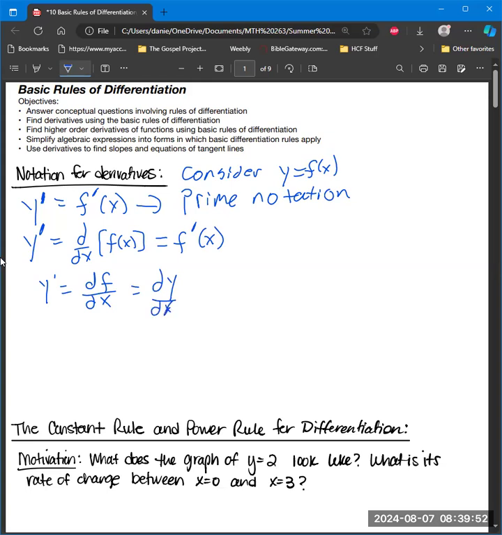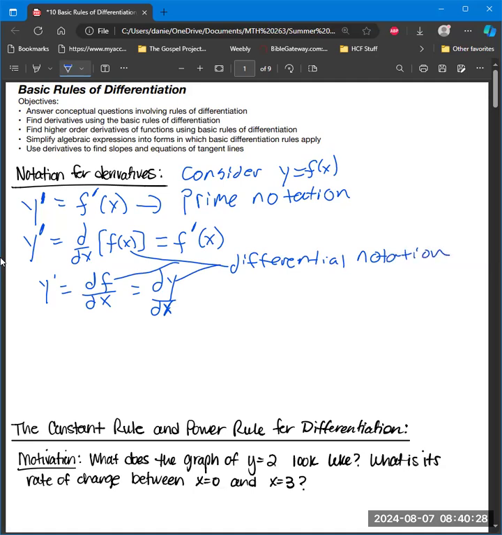And those are just a little bit more explicit to say the derivative of function f with respect to x, or the derivative of y with respect to x. So these notations here, this one and these two, are differential notation because they're using the differential operator.